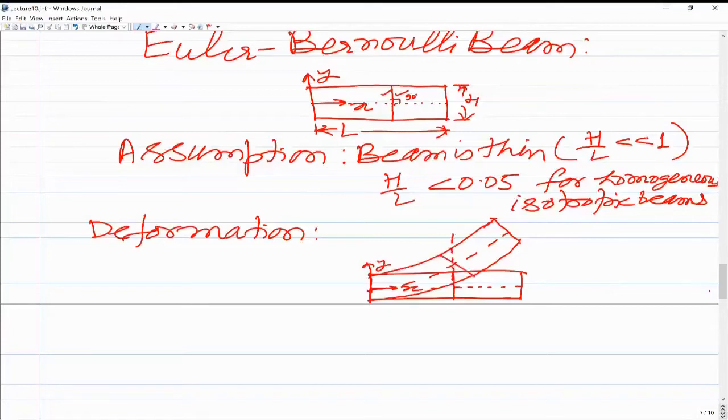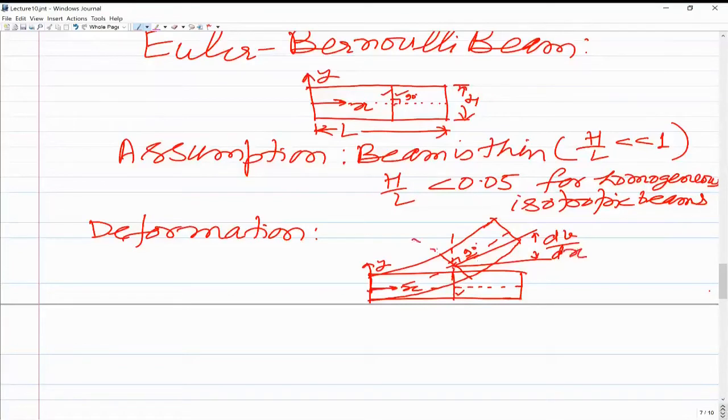I think still it is not at 90 degrees, so let me draw it again. Initially this is the normal, it goes over there, and if I draw a tangent, this angle still remains 90 degrees. If you look at the slopes, if I draw a tangent here, with respect to the original central line, this angle is dv by dx.